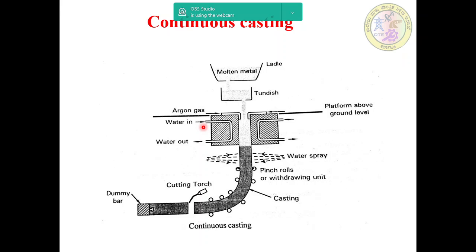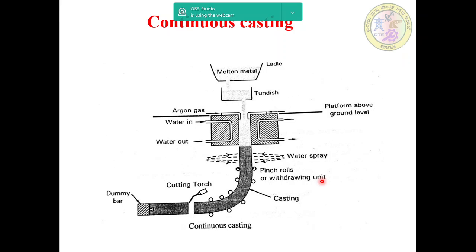A copper mold, brass mold or graphite mold can be used. Here the simple continuous casting process is shown in the sketch, and then I'll explain the process.